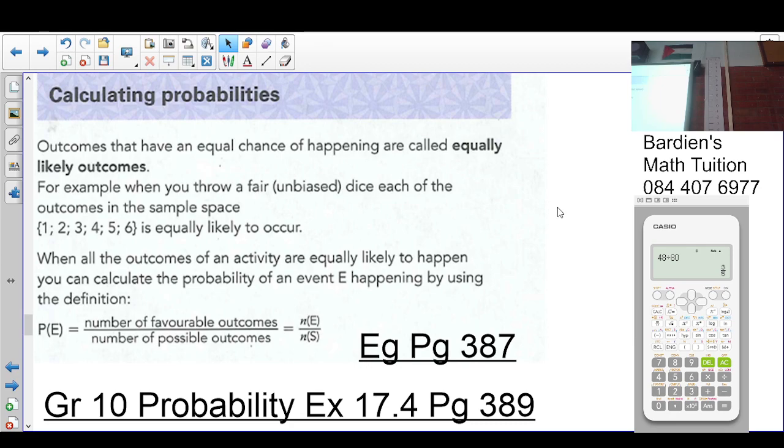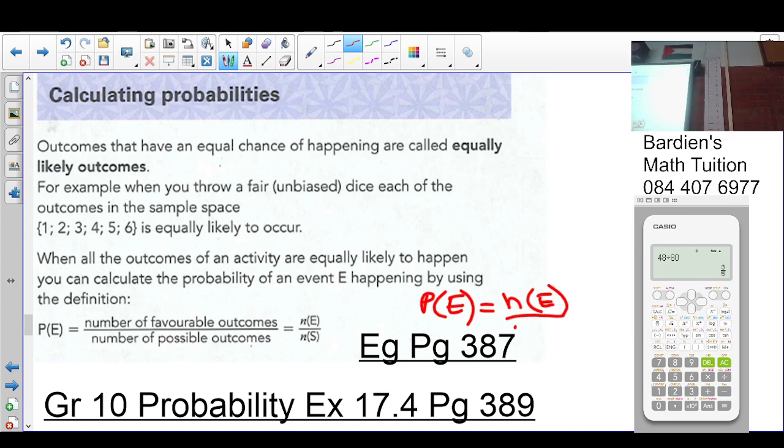The probability of an event happening is equal to the number of favorable outcomes over the number of possible outcomes, which is also the number of elements in E over the number of elements in the sample space.